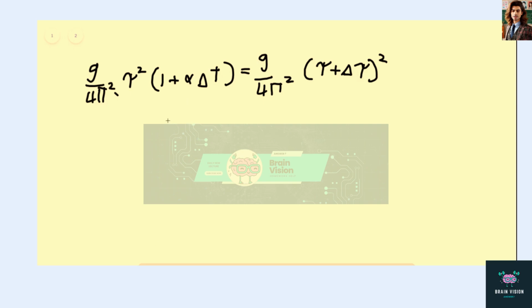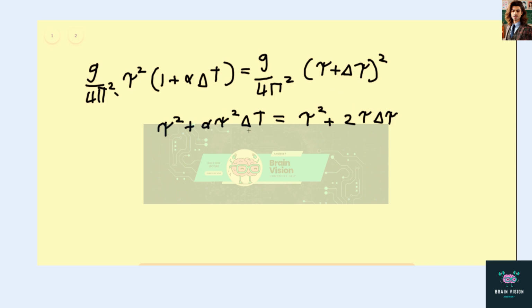So we're going to write this out. Tau squared plus alpha tau squared delta T is equal to tau squared plus 2 tau delta tau. And the delta tau squared, as I said, is just negligibly small.